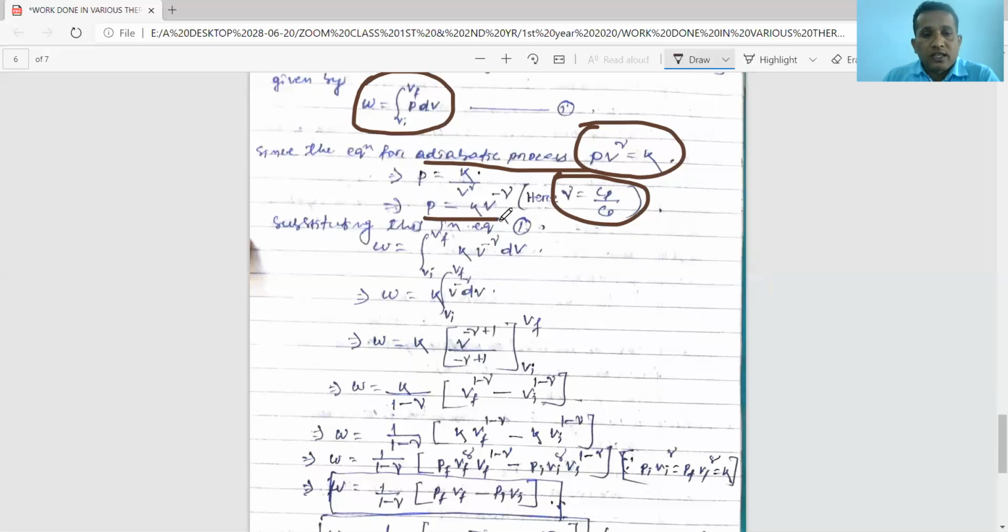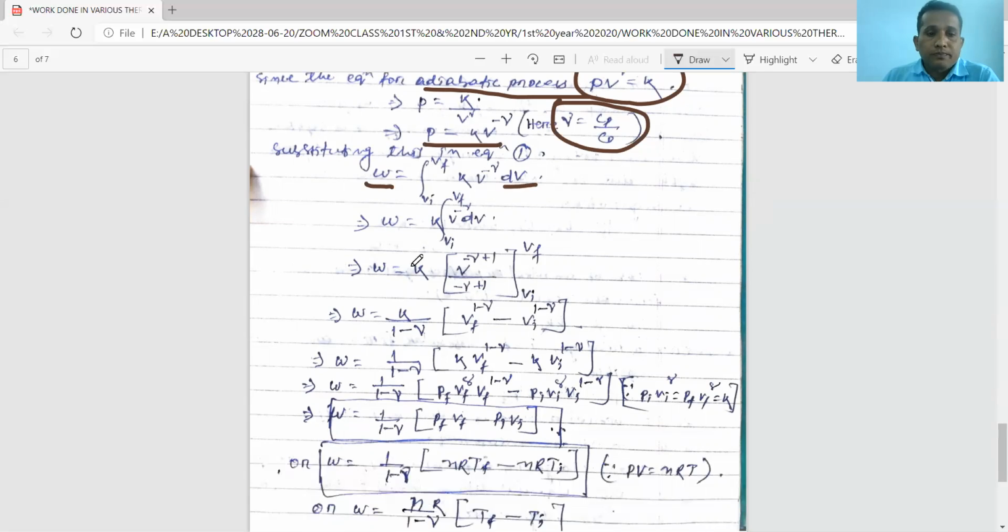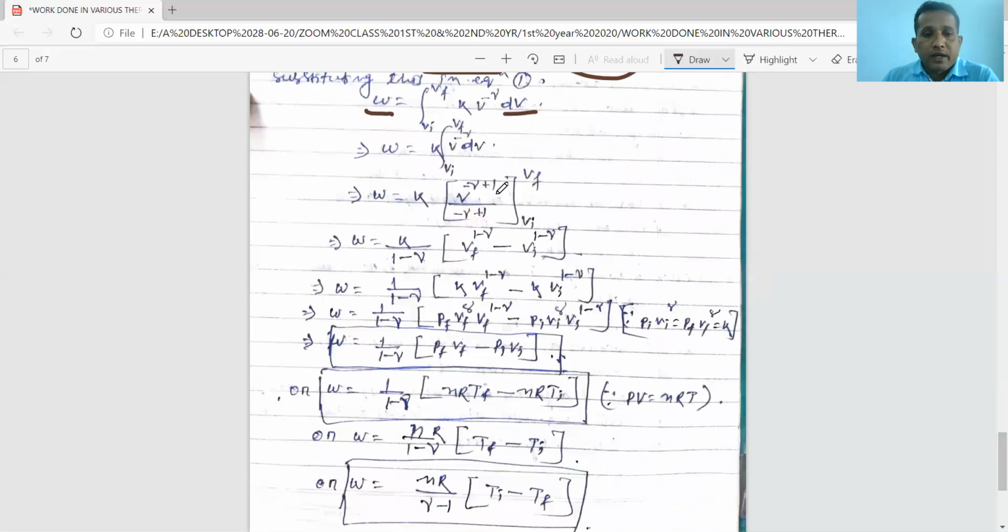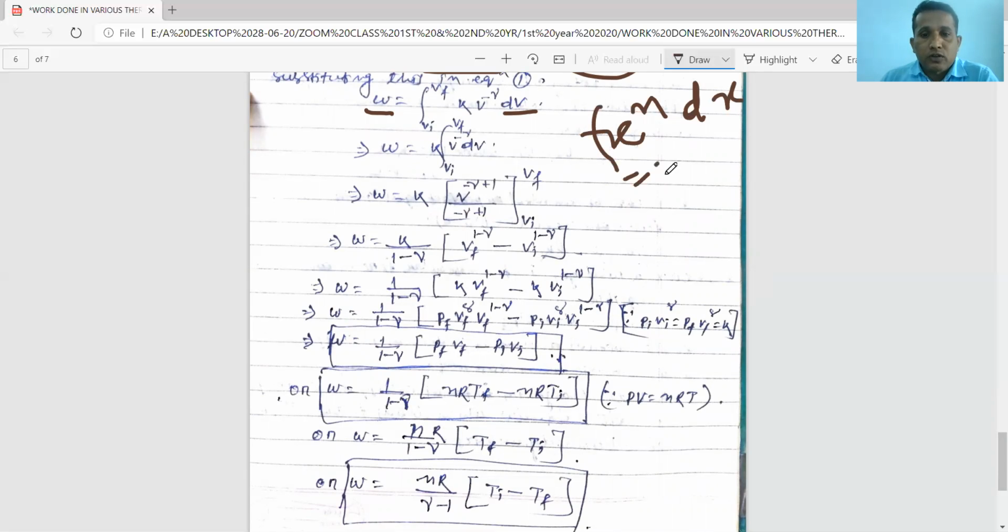So substituting this value in equation 1, we get W equal to integration of K V to the power minus gamma dV. K is constant, so it will go outside of the integration: K integration of V to the power minus gamma dV. We know the integration of x to the power n dx is x to the power n plus 1 divided by n plus 1.